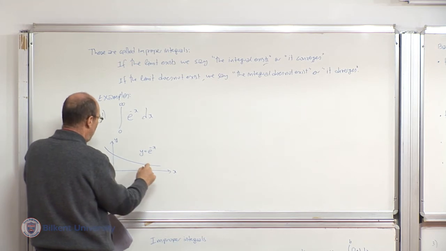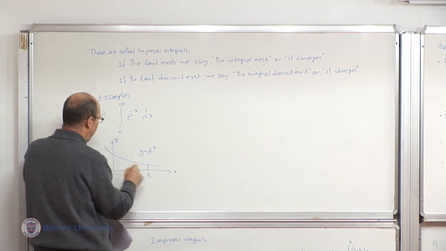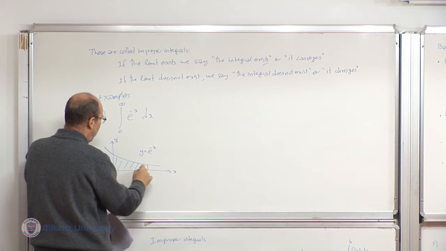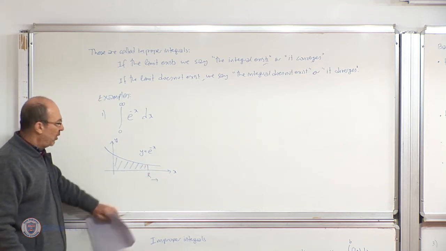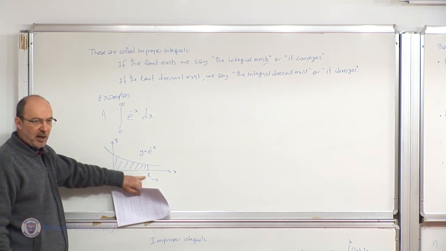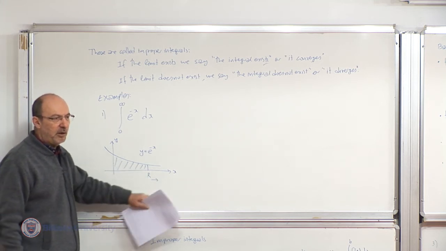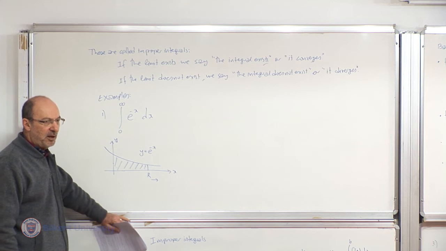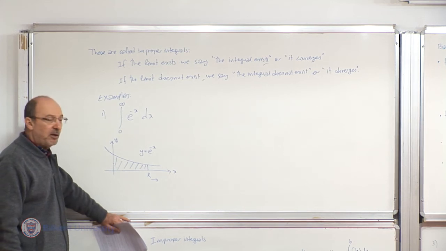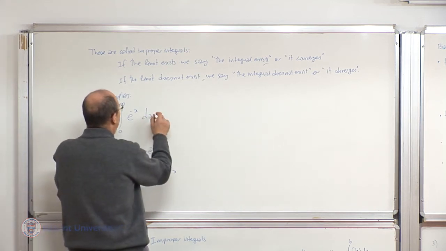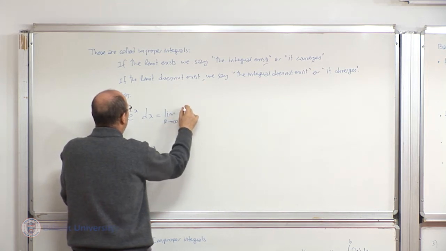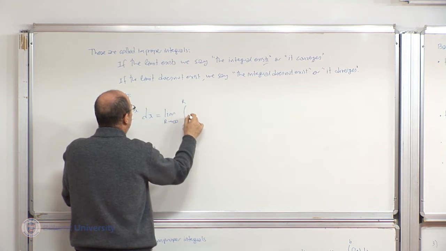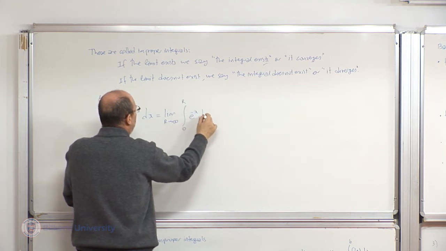So from 0 to infinity, we first take an r, we calculate the area under this, and then after we find that area in terms of r, in that expression, we send r to infinity to check if there is finite area under this infinite strip. Let me do it like this: limit as r goes to infinity of the integral from 0 to r of e to the minus x dx.